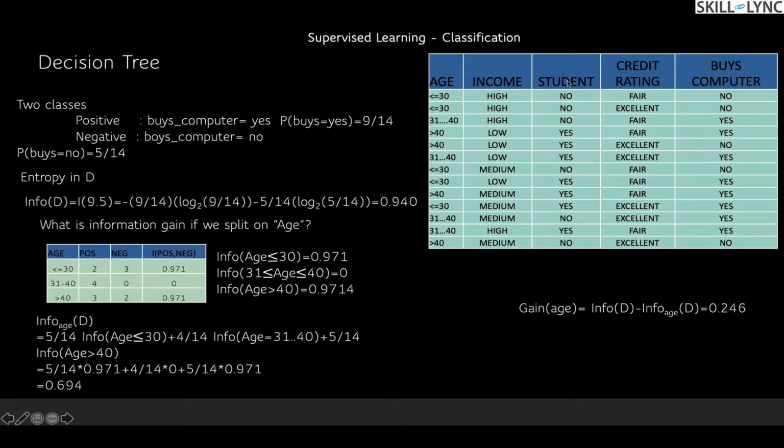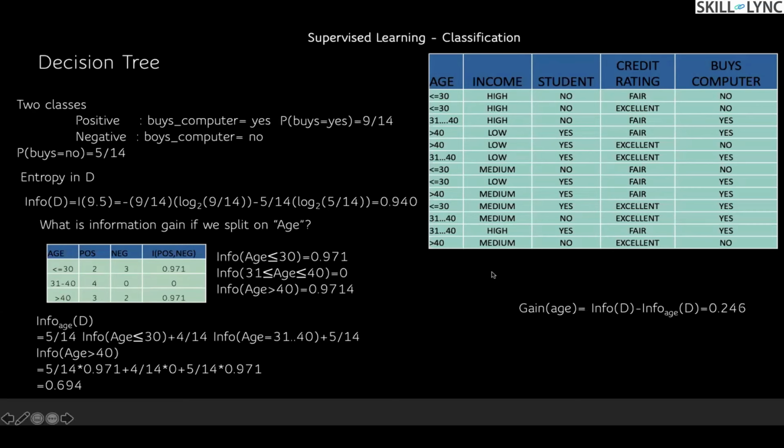If I take student as my root node, again a 4-level decision tree. If I take credit rating, this might create a 5-level decision tree. 5-level in the sense, you got it, right? 1 root node, 3 intermediate nodes, and 1 leaf node. So we have to choose the one which actually reduces your decision tree levels, in simple language. And to decide that, we have to take a feature which has more information in comparison with other input features.